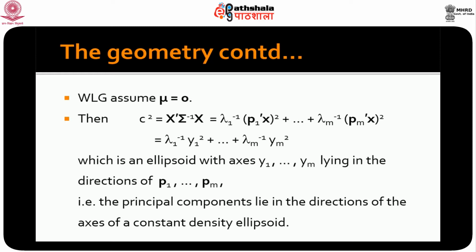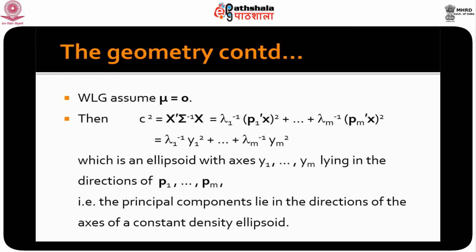This is easy to do because sigma inverse, mind you, can be broken up in a spectral decomposition as the summation of 1 by lambda_j p_j p_j prime, and then you pre- and post-multiply this by x and you get this result. So what we have now is that c square is equal to 1 by lambda_1 times the first principal component squared, plus 1 by lambda_2 times the second principal component squared, etc.